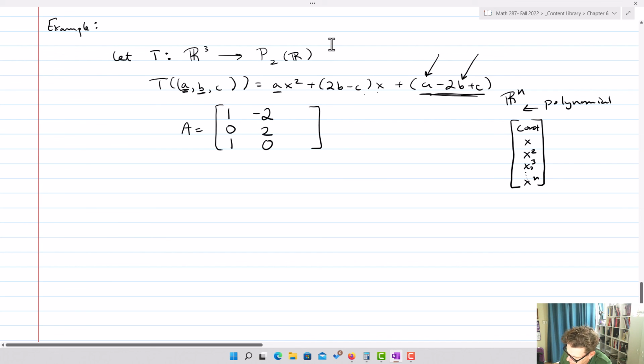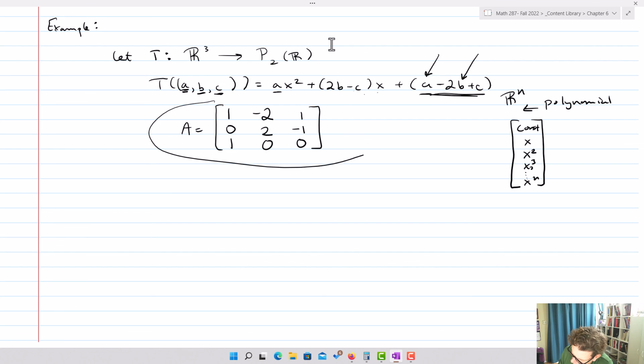And then my third term, my C term, which will be my third column, I've got 1 in my constants, negative 1 in my x terms, and 0 in my x squared terms. So this is A, the matrix of our transformation.